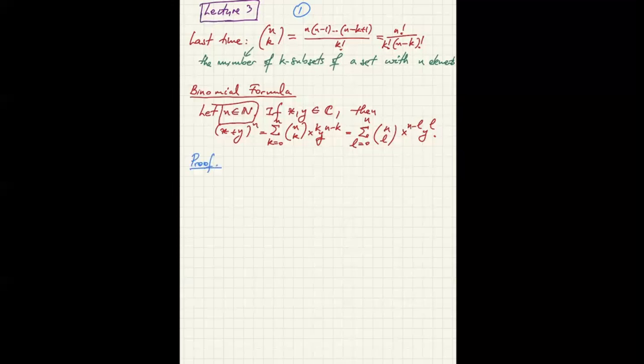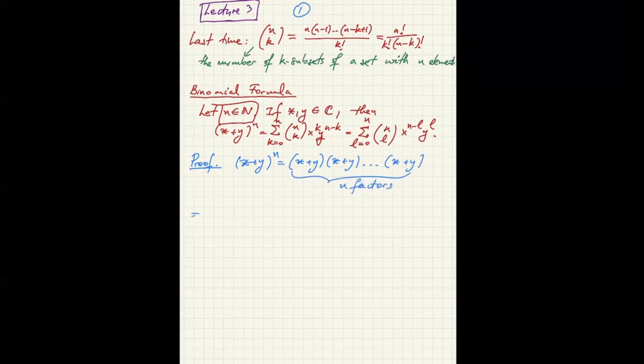So note that when you expand x plus y to the power n, you write x plus y times x plus y times x plus y, and so here we're going to have n factors.